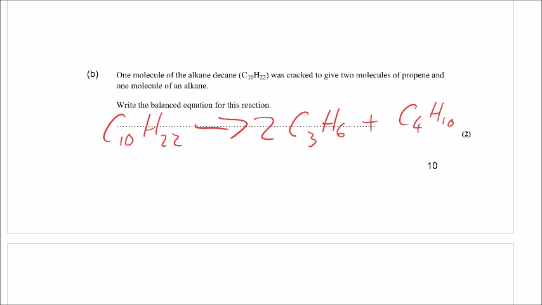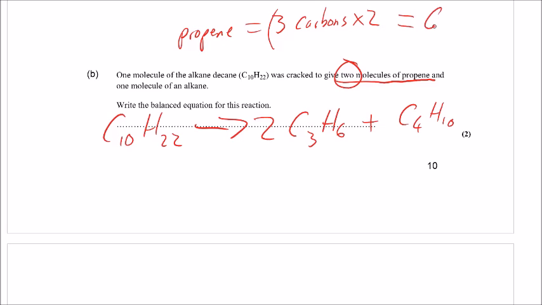So the way you work this question out, a bit of a tricky one here. It says 2 molecules of propene. So propene equals 3 carbons, and if you times this by 2, that would be 6 carbons. So then you needed one other molecule to add, because it just says one more molecule, which is going to make up the other 4 carbons.